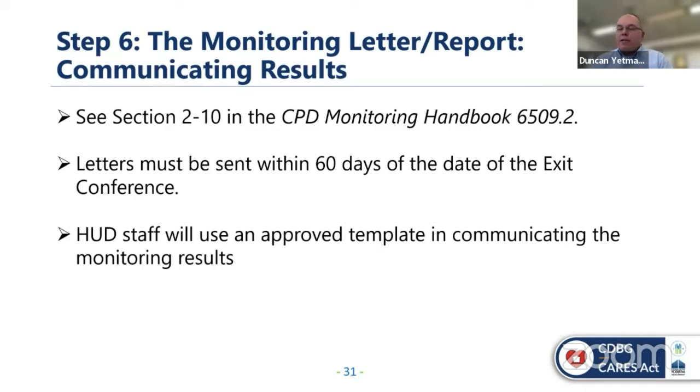Well, it means that, let's say, if you have a business, the example I used earlier of a small business loan program for downtown businesses to provide support during the pandemic. If you've only made loans to 2 businesses, HUD's probably just going to review those 2 files.